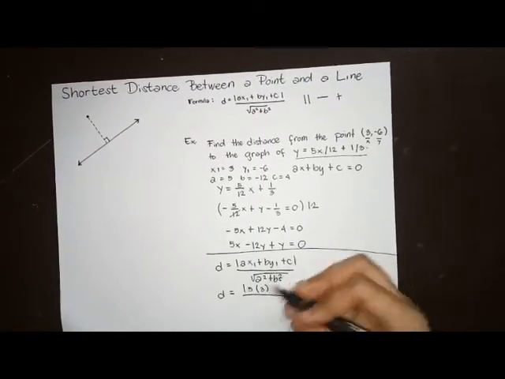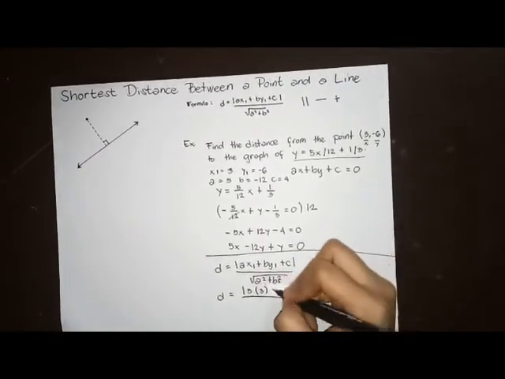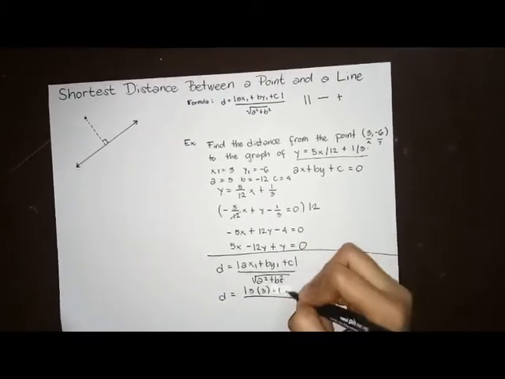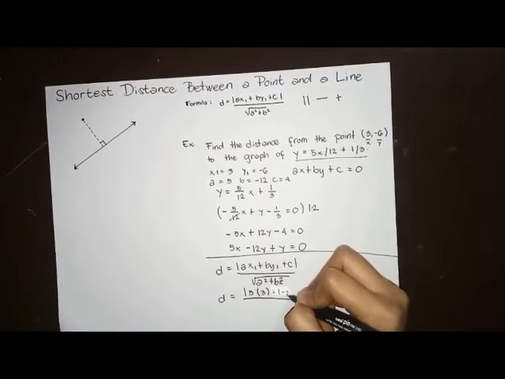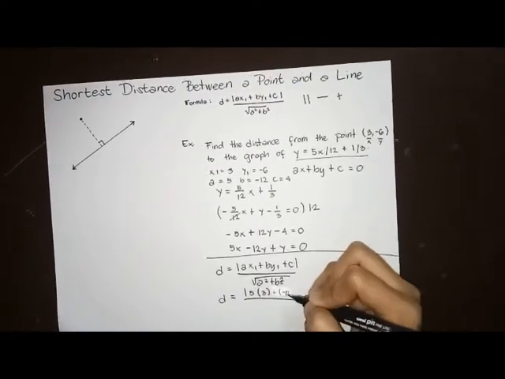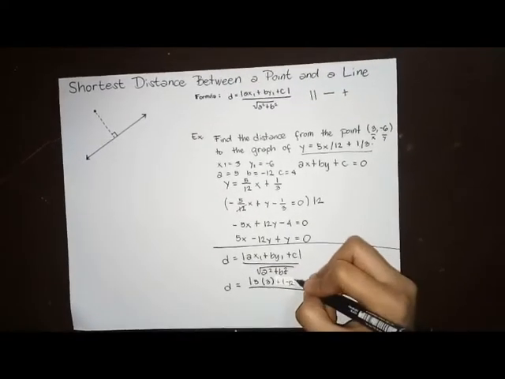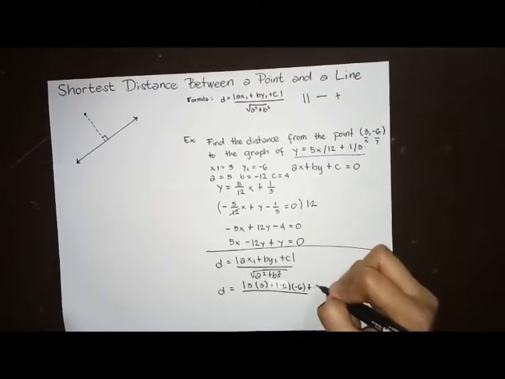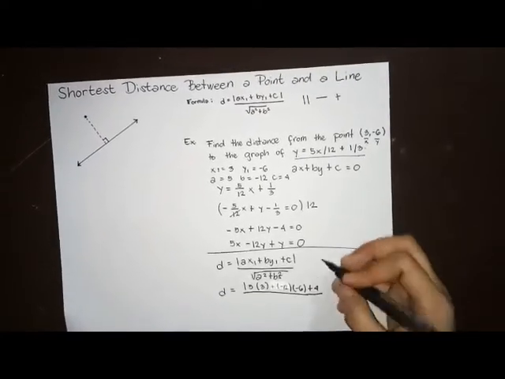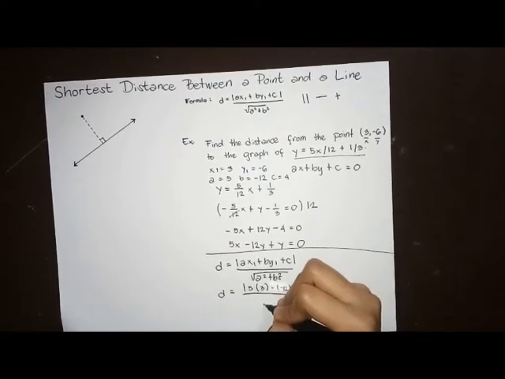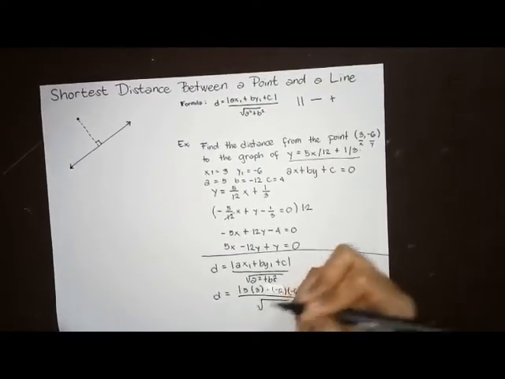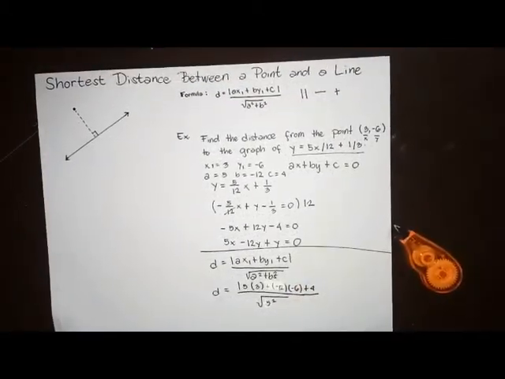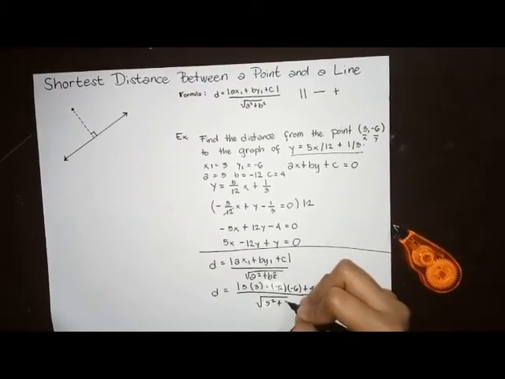So our a is 5 and our x is 3, plus the value of b, which is negative 12 and negative 6, plus 4. And our a squared would be 5 squared plus b squared.